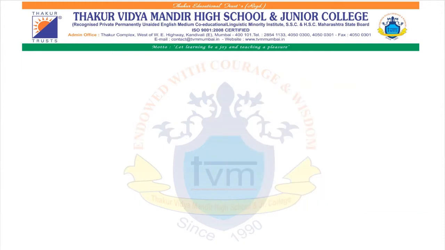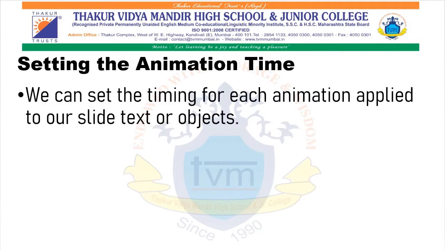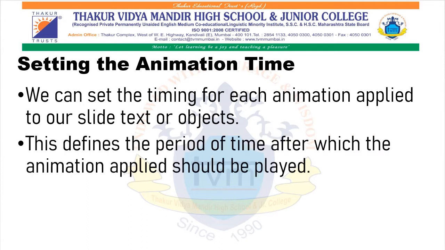The first thing we can say is setting a time for each animation applied to a slide, text and/or object. This defines the period of time after which the animation should be played.